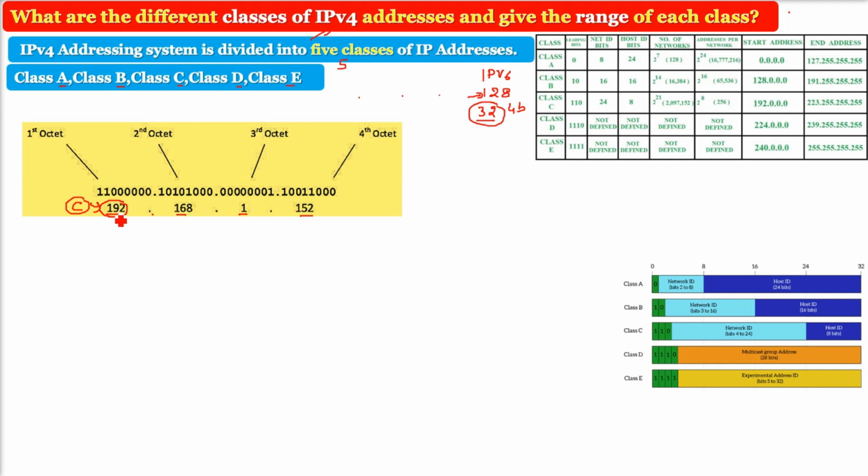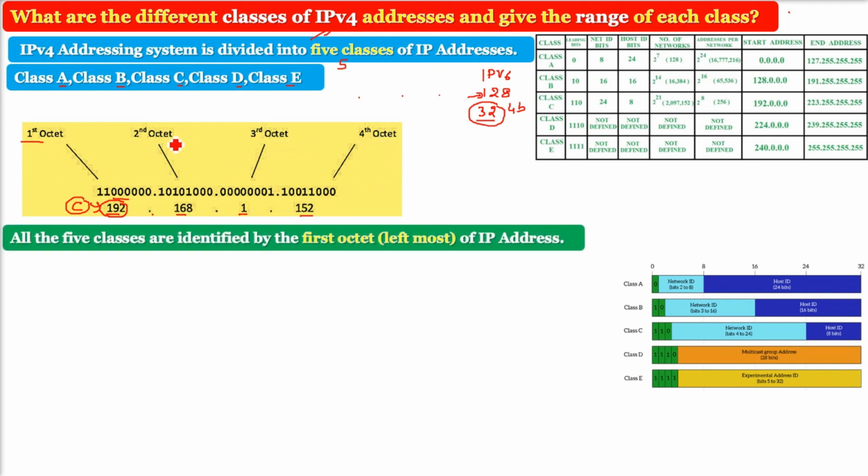Now we start from the first octet. This first octet is a decimal number, and when we convert it into binary, there will be a proper form. If we start from the left, all the 5 classes from A to E are identified by the first octet, that is the 8 bits on the leftmost, or you can call that the first decimal number on the leftmost.